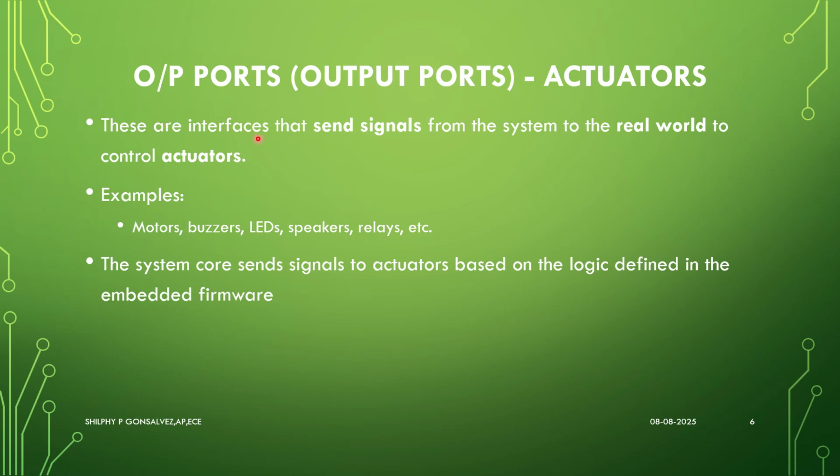These output ports are the interfaces that send signals from the system to the real world to control actuators. Examples include motors, buzzers, LEDs, speakers, relays, etc. The system core processes the signals it gets from the input devices and sends signals to the actuators based on the logic defined in the embedded firmware.